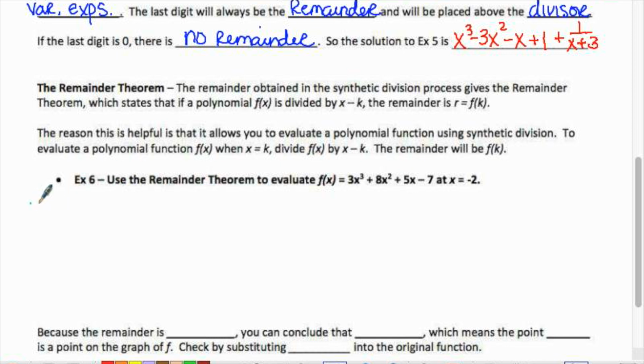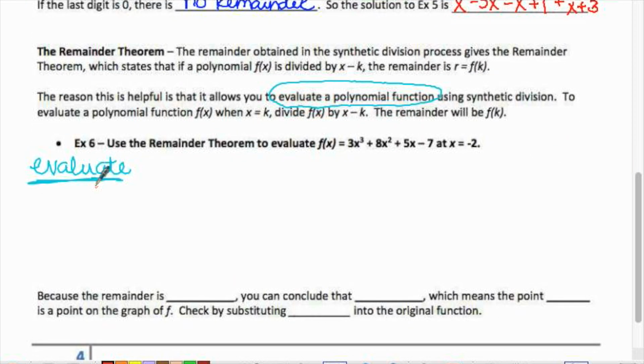If I ask you to evaluate, I'm looking for the value of the polynomial. So if I told you x equals -2, and I want you to figure out what f of x is, don't read what the directions say here. I just want you to evaluate f of x for x equals -2.